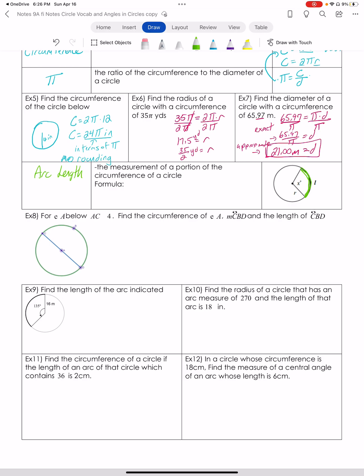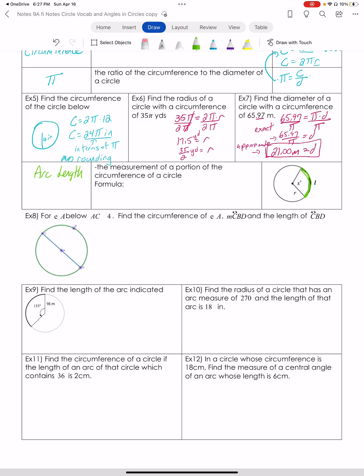So with arc measure, the circle could be small or it could be large, but it can have the same arc measure. Like 180 degrees on a very small circle is going to have the same arc measure on a very large circle. But the length of the arc, like if you actually took a measuring tape on it, is going to be a little bit different. So you have a couple of different formulas that you can learn for this, because it is a portion of the arc.